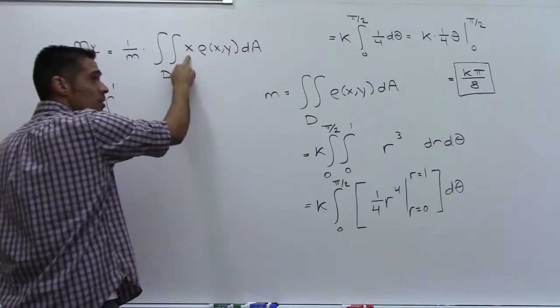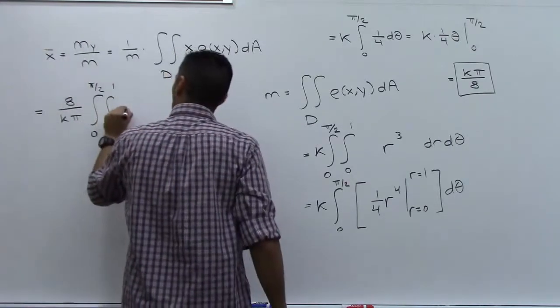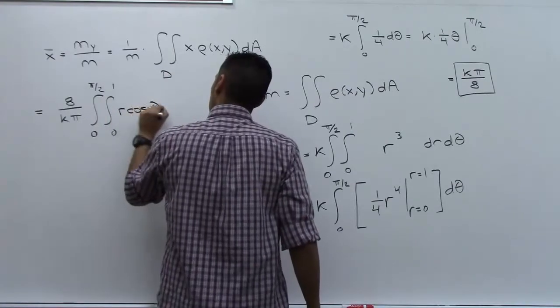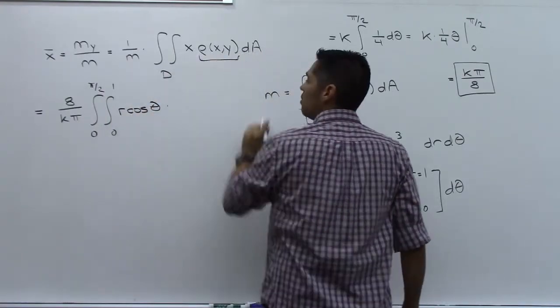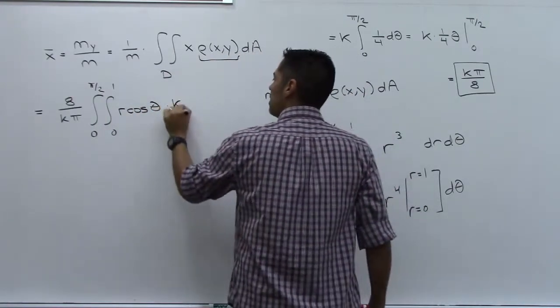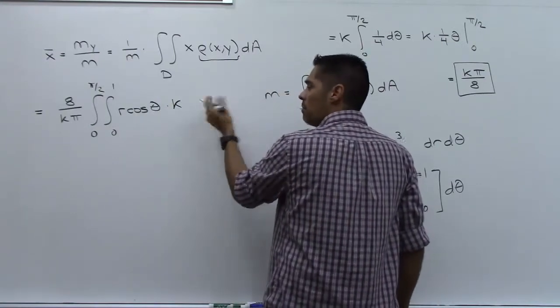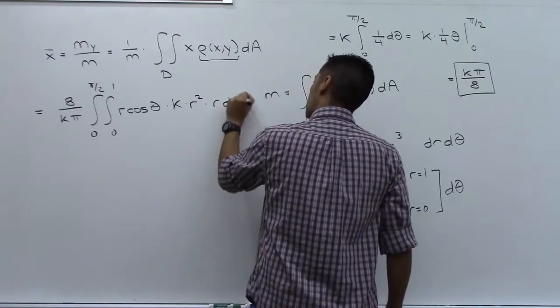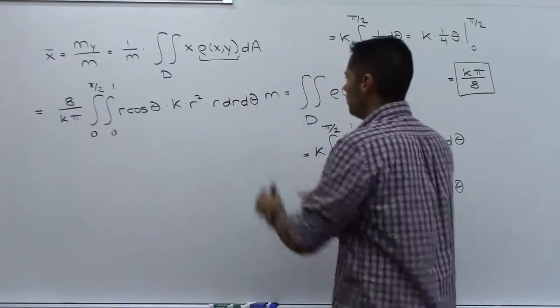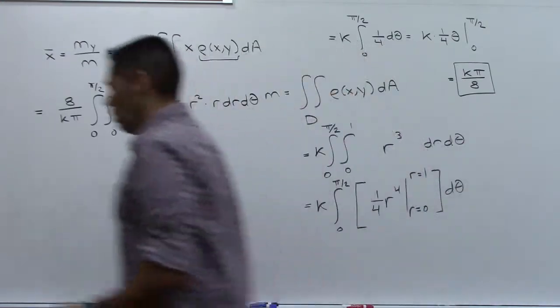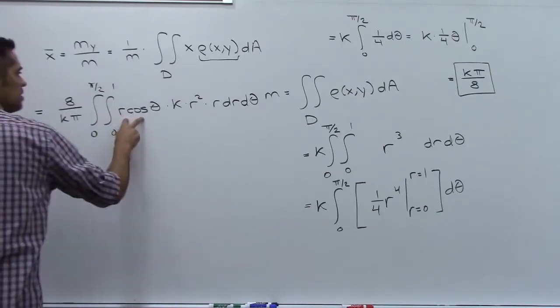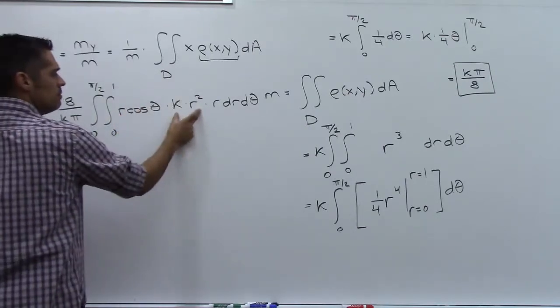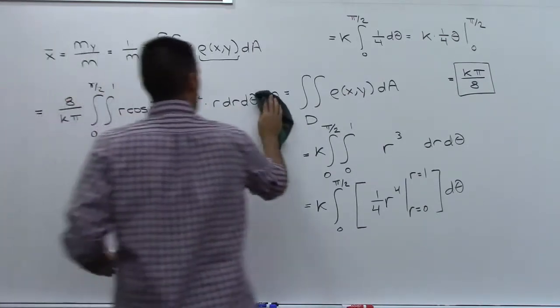And remember, x is r cosine theta. So I'm going to have r cosine theta, that's x, times the density function, which was k times, remember, x squared plus y squared, but we said that's r squared. Then the r d theta from the fact that we are converting to polar. So x, density function, r d theta.